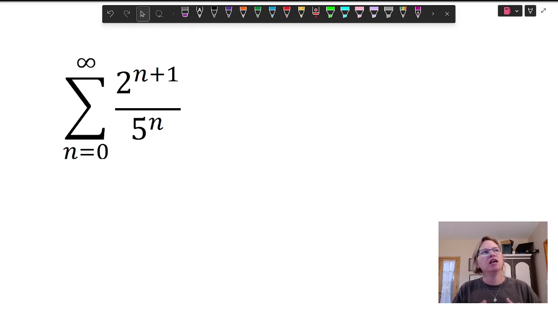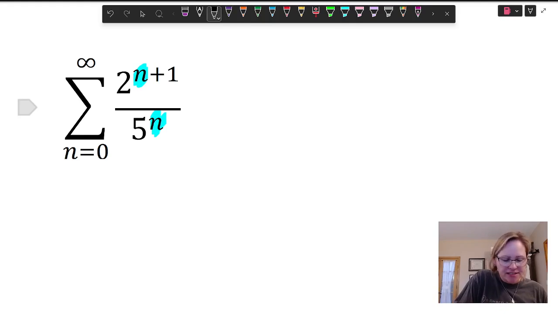So remember I said if you have something to a power of n over something else to a power of n, you can reimagine the rule and use some algebra to make it appear more like that geometric pattern that we're used to seeing. So I notice that I have 2 to an nth power. The plus 1 doesn't bother me, but then I have 5 to the n. And so this looks almost geometric the way that I'm used to seeing it.